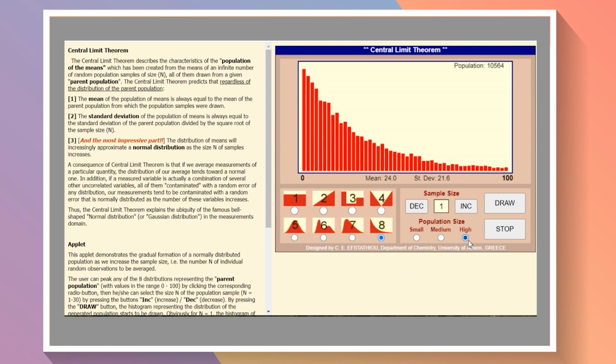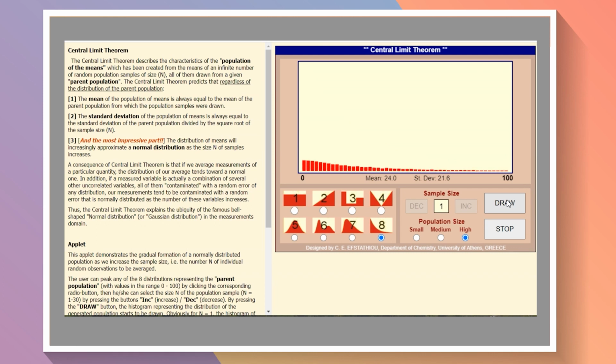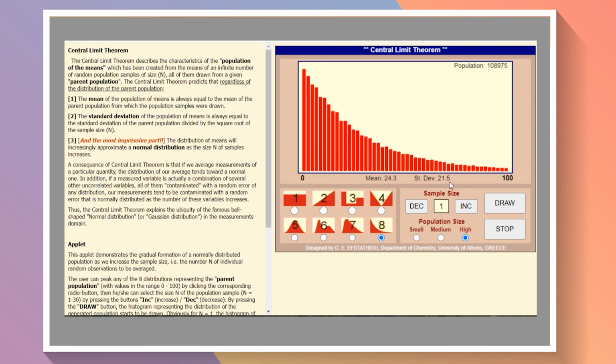Let us take a population size of high, and the shape will be the same as that of the parent population. The mean is 24 and the standard deviation is 21.5, which is more or less the same.